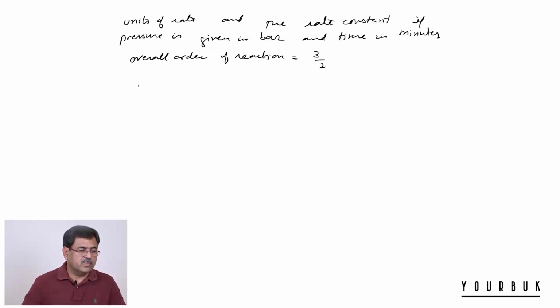So we first write the units for the rate of chemical reaction. Rate is defined as change in pressure of the reactant CH3CHO upon time. Now pressure is in bar and the time is in minutes, so it has units of bar per minute.